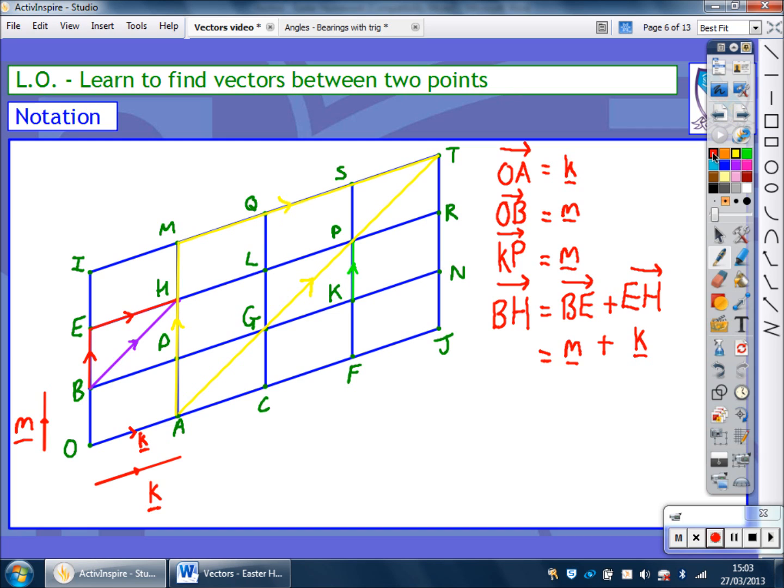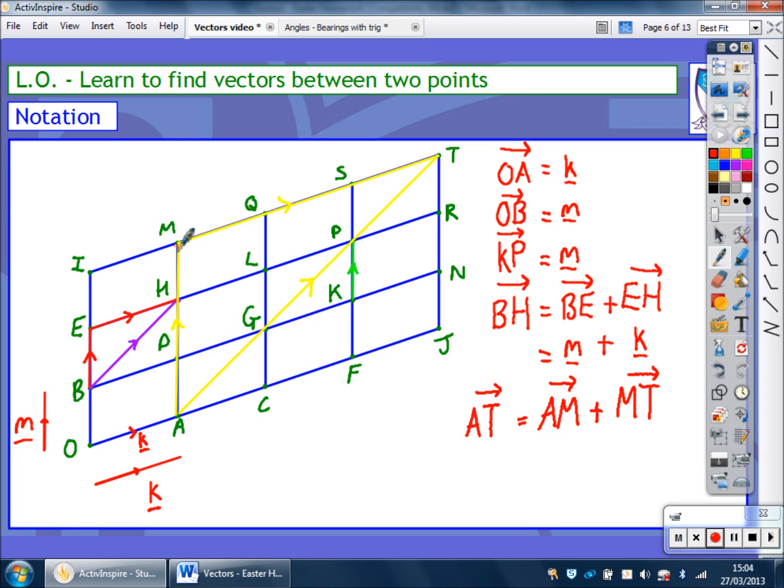So, A to T is the same as going from A to M, and then adding on M to T. Now A to M is just 3 lots of the vector M, okay? Because it's going in the same direction, but it's just 3 times as big.